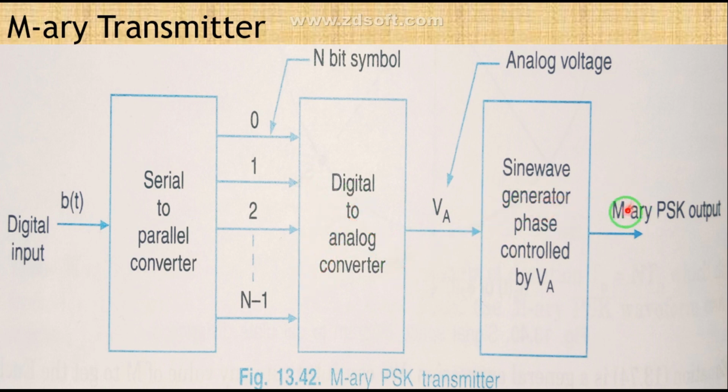So at the output of the transmitter we get a fixed amplitude sinusoidal waveform, but the phase of which has a one-to-one correspondence to the n bits per symbol. And remember, it changes only once per symbol duration, that is Ts. What is Ts? Ts equals n Tb. And in this manner, this M-ary PSK is generated.